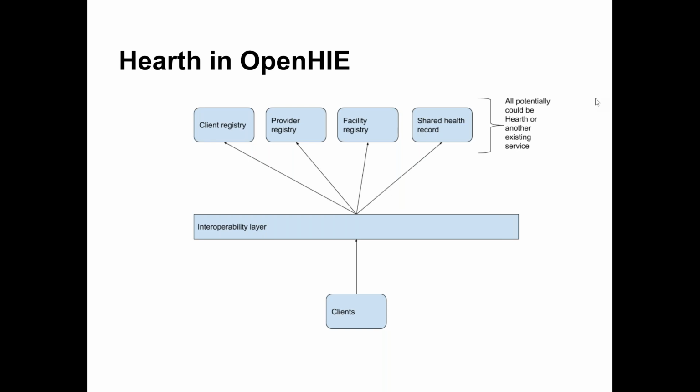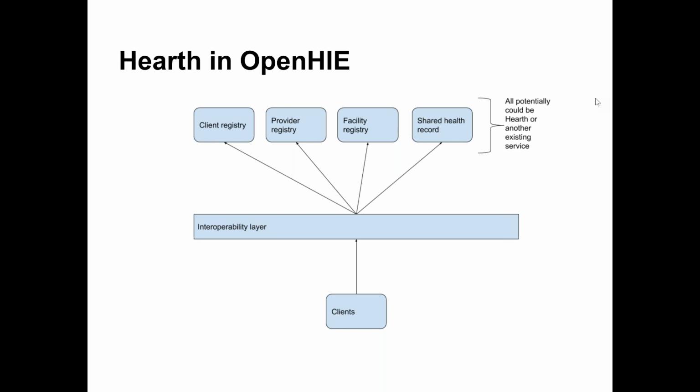Because Hearth is trying to just support the FHIR standard, it could be used for a multitude of these registries, or for just a single one if that's the only gap that you have in your implementation. So it's really designed to be pretty flexible.